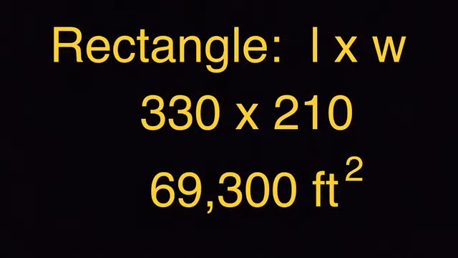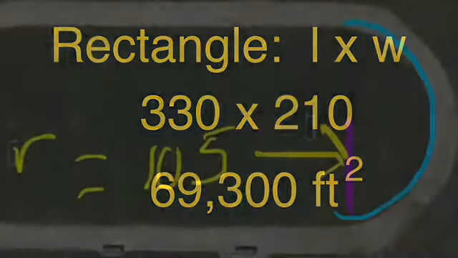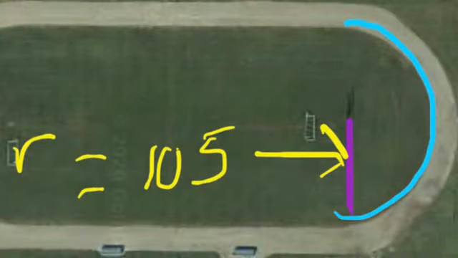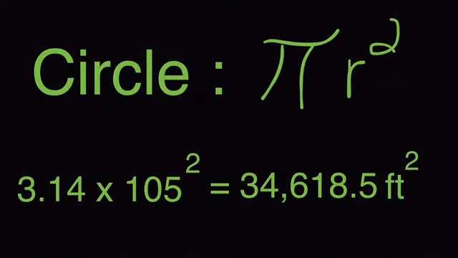Plug in your values for the variables and simplify the expression. This shows that we're using the radius of 105 feet, which is half the diameter across the field. Plug in the values for your variables and simplify the expression. Be sure to use 3.14 for pi.